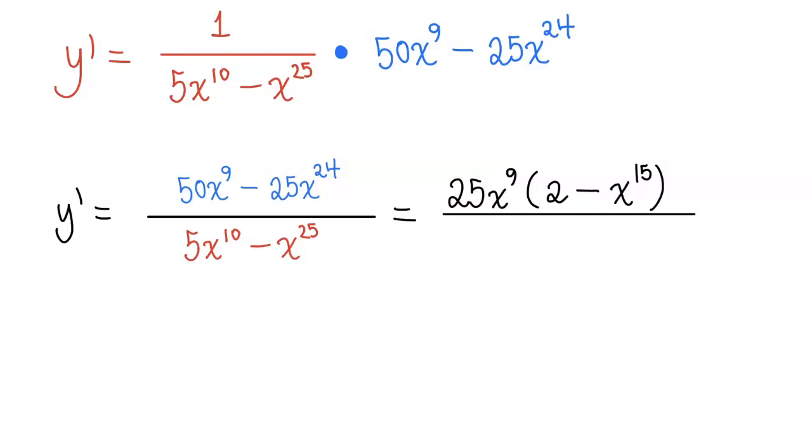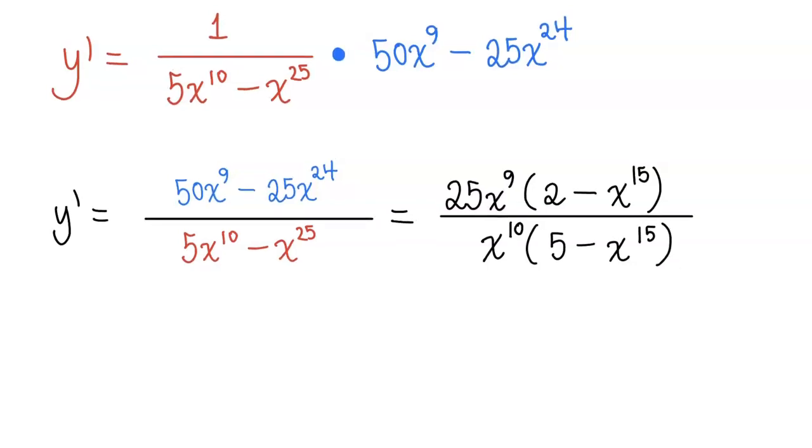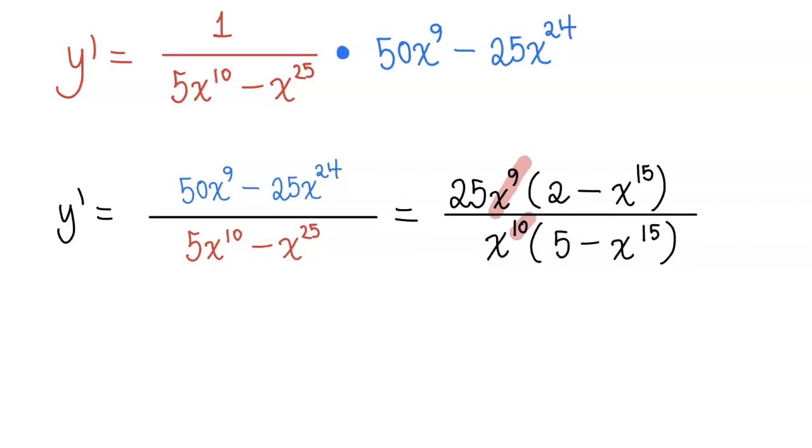Next, I go to the bottom of the fraction. I can factor out x to the 10th and have 5 minus x to the 15th. And I can tell that I will be able to cancel and change this exponent to 9, right? Because if you look at these two, the top and the bottom, the denominator has one more x.